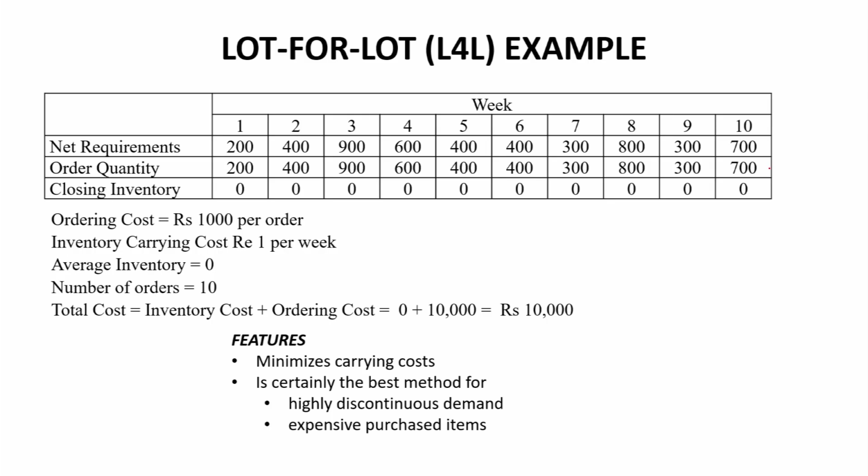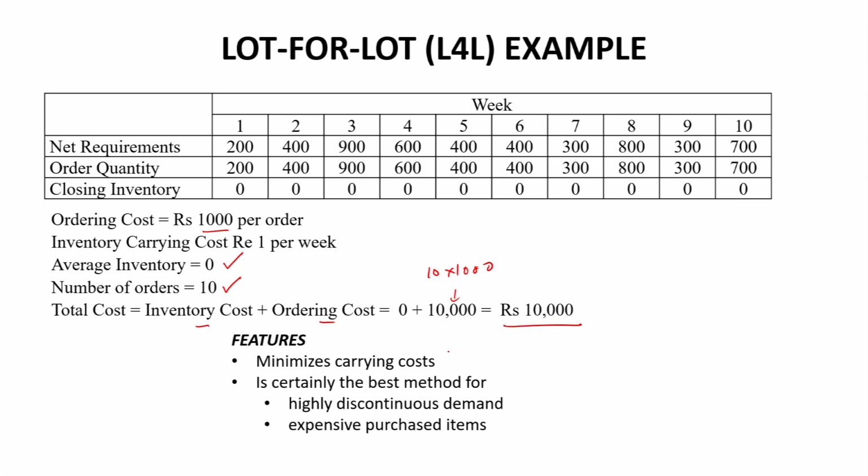So, average inventory is 0, number of orders is 10, and total cost is inventory cost plus ordering cost, and we are presuming that each order costs 1,000 rupees. So, my ordering cost is 10 into 1,000, that is 10,000 rupees, and the total cost of this lot for lot ordering policy is 10,000 rupees.